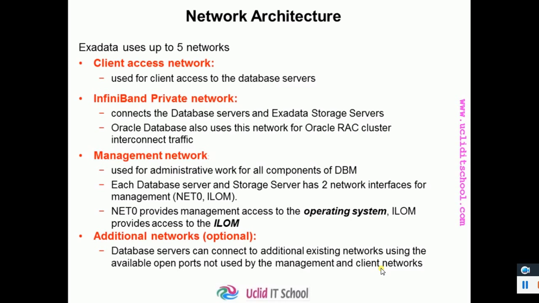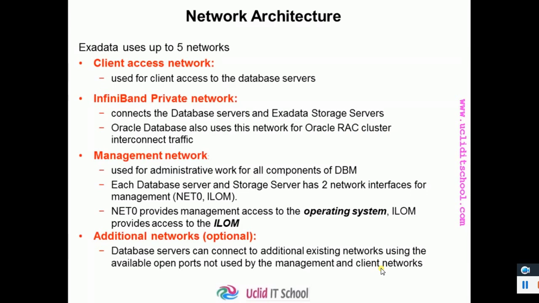No problem, anytime you can raise a question. Let us see what those networks configured in Exadata are, the purpose of each network, and more details about the network interfaces.